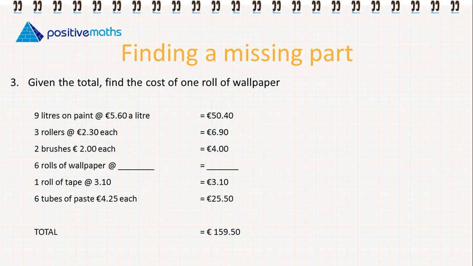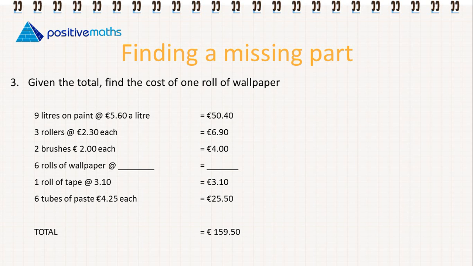In this question, we're given the total and we have to work backwards in order to find 2 missing things. We need to find the total that they will pay for wallpaper and how much 1 roll of wallpaper costs. So let's go through the question. 9 litres of paint at $5.60 a litre.